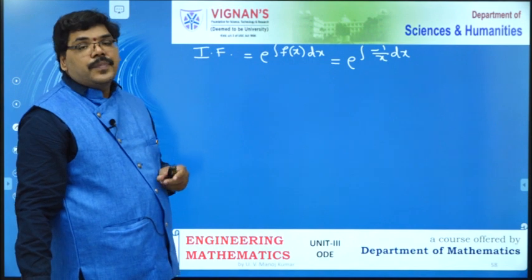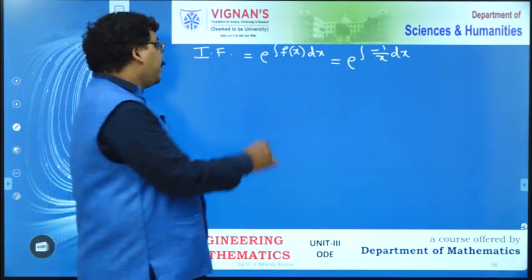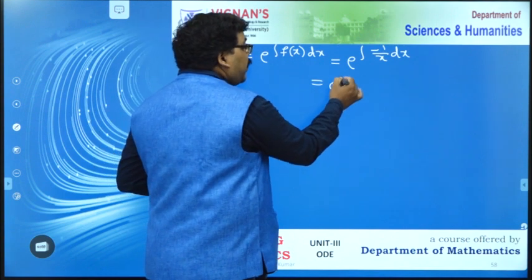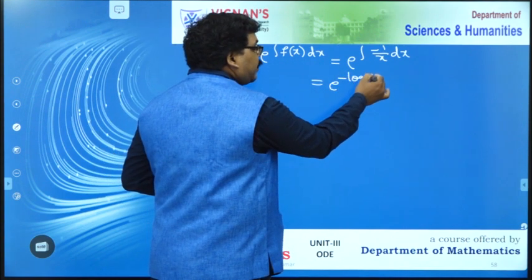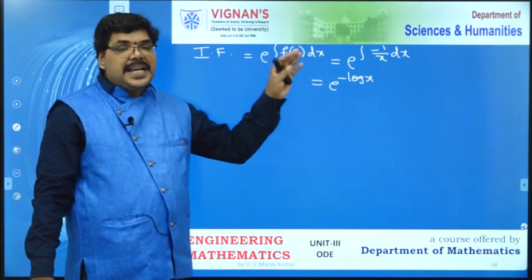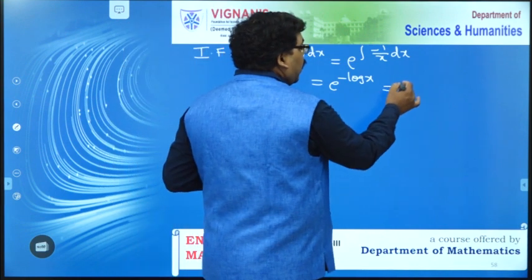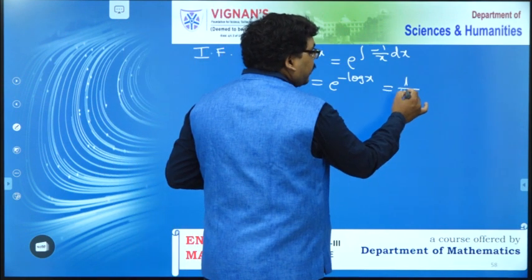When I integrate, minus 1 is constant, and the integral of 1 by x is log x. So I get e power minus log x. That minus can be written as x power minus 1, so what remains is 1 by x.